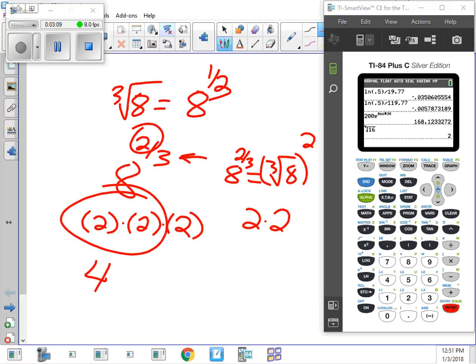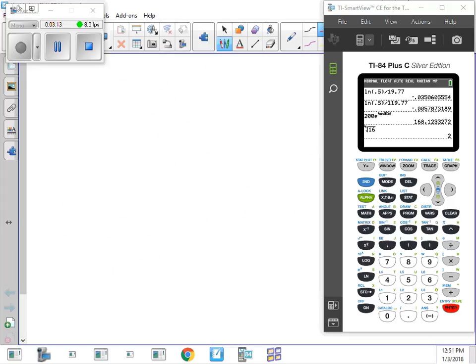Let me do a couple of these, and I think you'll get used to it. Okay, what about 3, let's do 32 to the 3/5. Can 32 be split into 5 equal multiplications? 2's, right? 2 times 2 times 2 times 2 times 2. So 32 is really just 2 to the 5th.